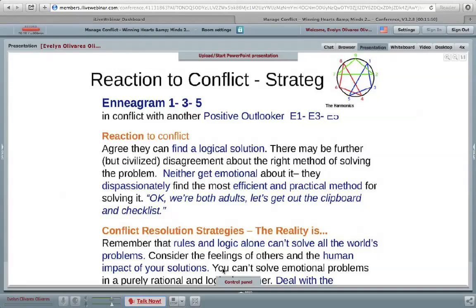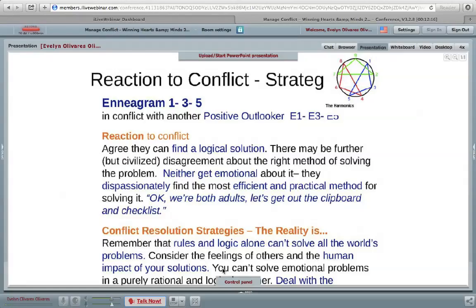The reality is, guys, some resolution strategy here for you. Remember that rules and logic alone cannot solve the world's problems. Consider the feelings of others, because we are all human, right? And the human is an emotional being. So when we're an emotional being, we can't solve the problem of emotions using logic.